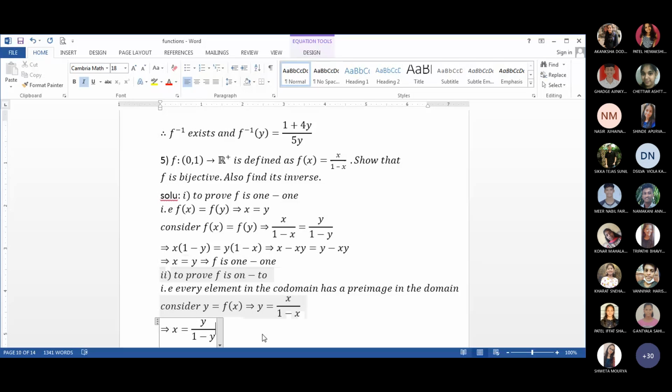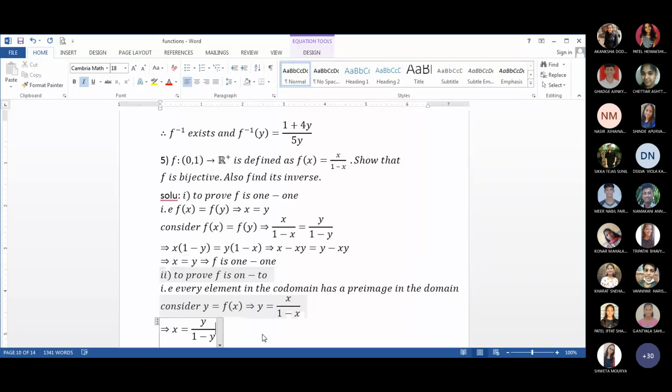Yes, so is the answer what Kajol has given correct? y upon 1 minus y, is it correct?